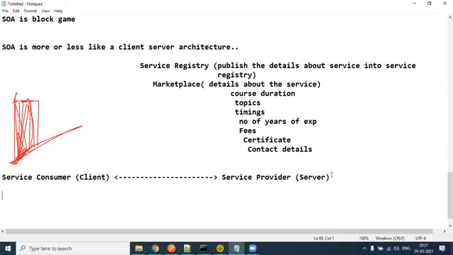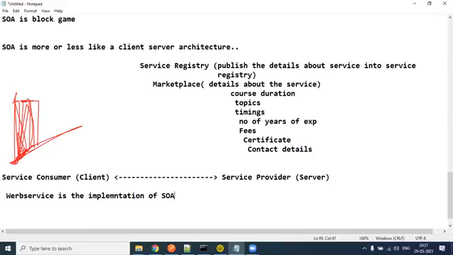So there has to be some way of materializing the concept in a technical way. Similarly, in the case of service oriented architecture, the technical implementation is done with the help of web services, or you can say web service is the implementation of SOA.